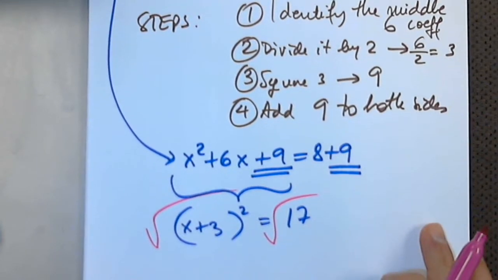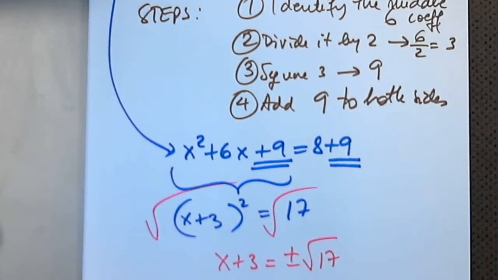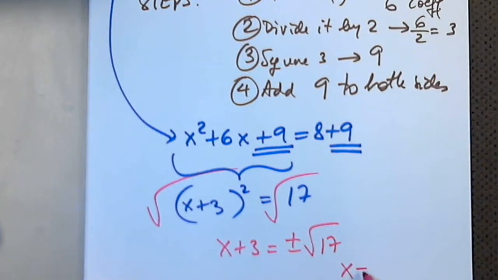How many solutions do we expect? Perfect. X plus 3 equals, please don't forget what? Thank you. And then I subtract 3. And that's the method of completing the square. Useful, but not for quadratic equations.